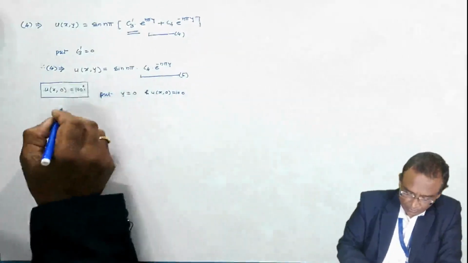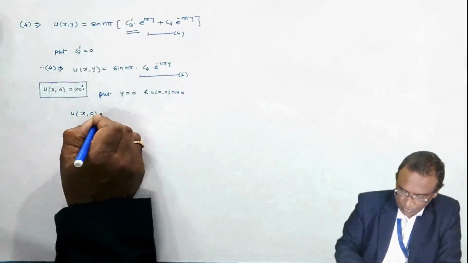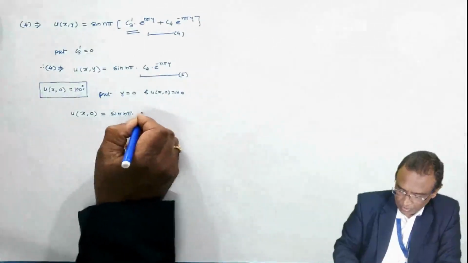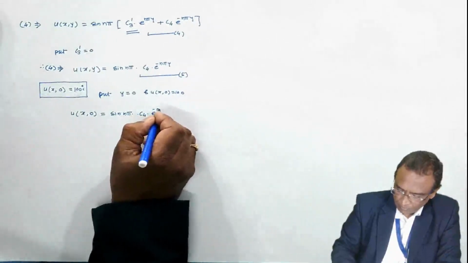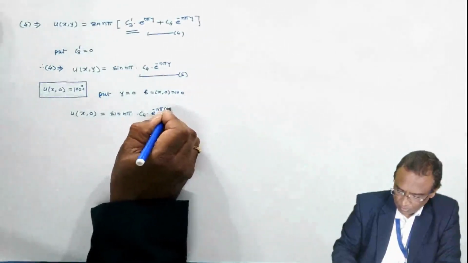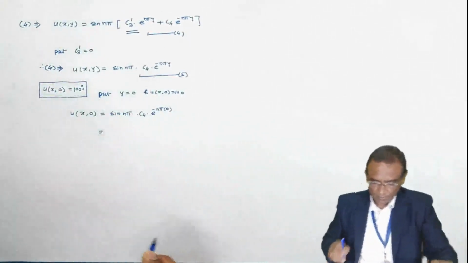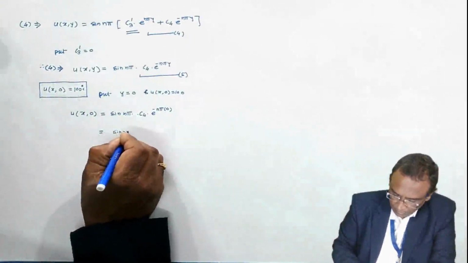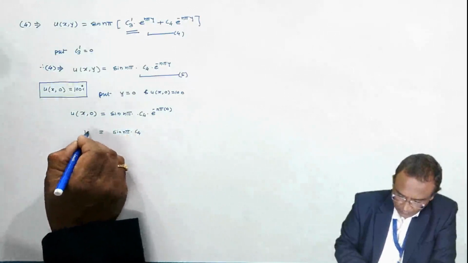Here, sin of n pi as it is, C4 e to the power minus n pi into 0. Now sin n pi into C4, and u of x, 0 is 100.